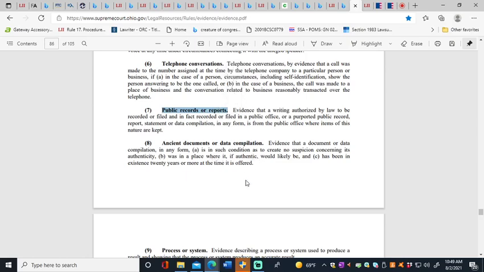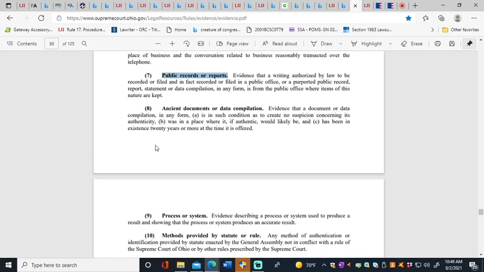Evidence that a writing authorized by law to be recorded or filed was in fact recorded or filed in a public office, or a purported public record, report, statement, or data compilation in any form, is from the public office where items of this nature are kept. This is very important. Y'all got to understand this rule right here.